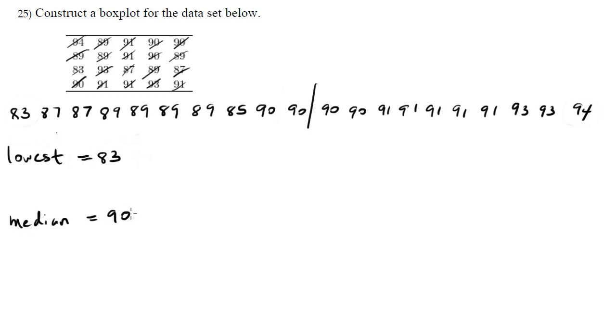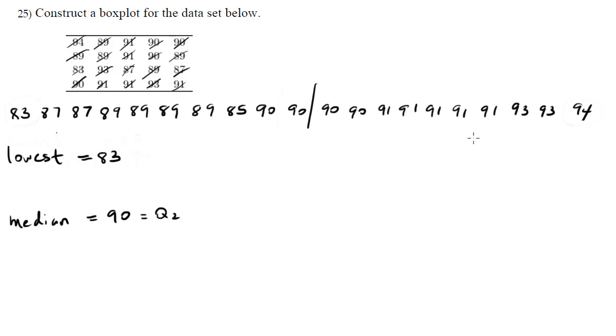Now I've separated the data into two segments, one below the median, one above the median. So this is Q2, right? What I'm doing now is finding the median of each of these two groups of numbers.